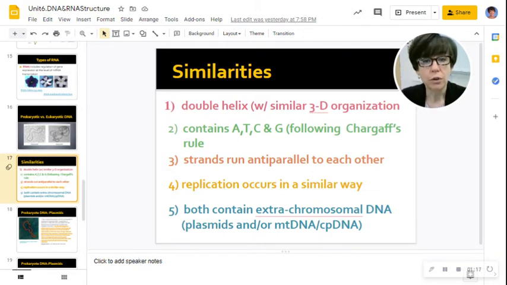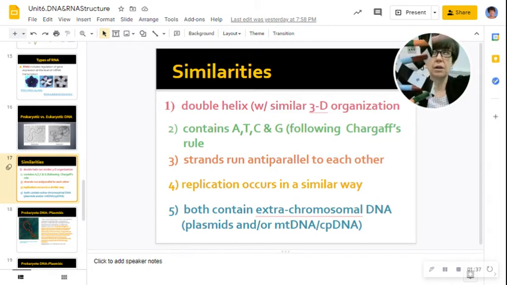So first of all, the actual DNA itself, in all cells, prokaryote to eukaryote, is going to be that double helix, okay? What I mean by similar 3D organization is all of those calculations that Rosalind Franklin did.